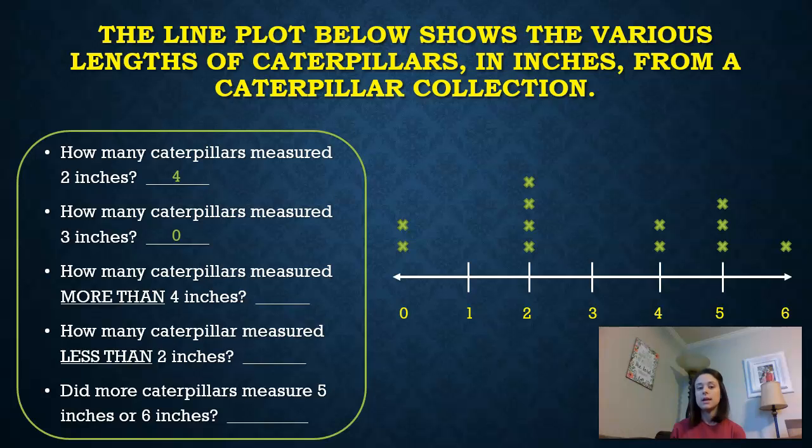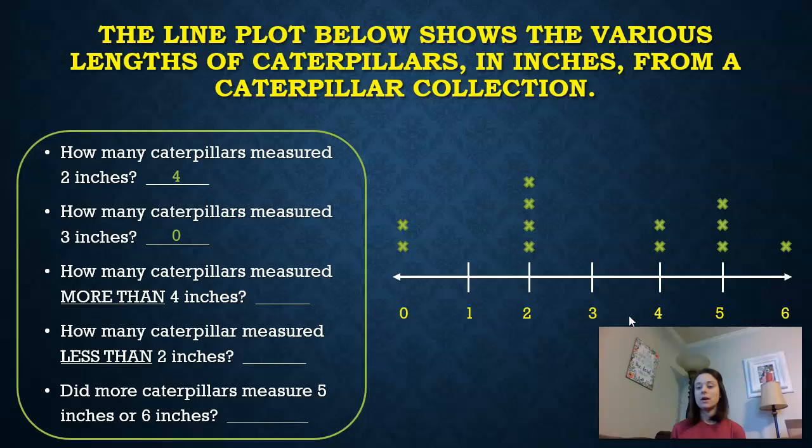Okay, my next question. How many caterpillars measured more than 4 inches? More than is an important term, a keyword right there. I'm going to go to my line plot and I have a 4. But these 2 caterpillars measured right at 4 inches. They didn't measure more than 4 inches.